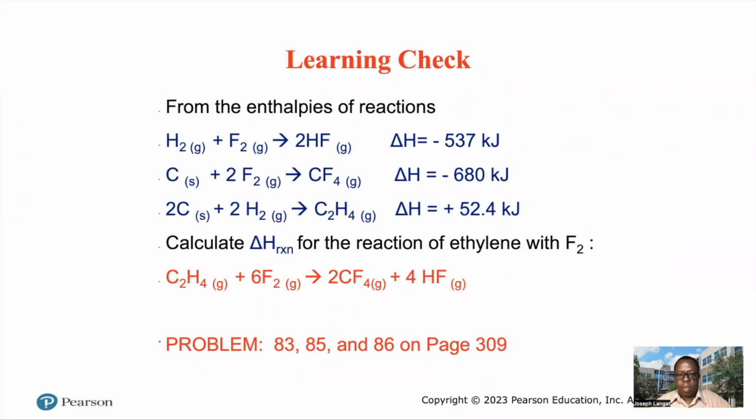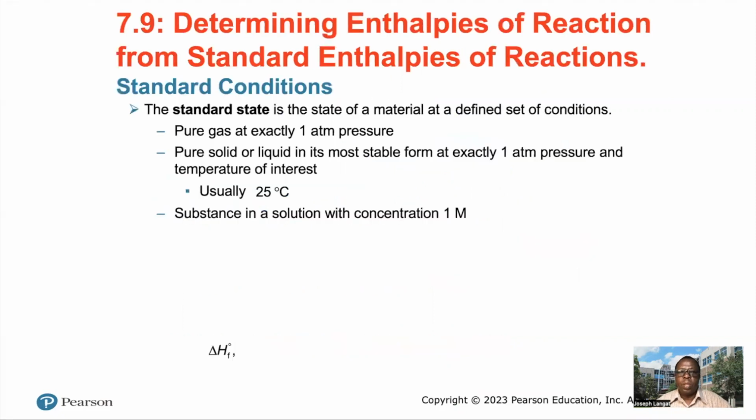Remember, you may be given the overall enthalpy of reaction and one of the steps may be missing. You still have to apply algebra and calculate what is missing. Okay, so that is all as far as Hess's law.